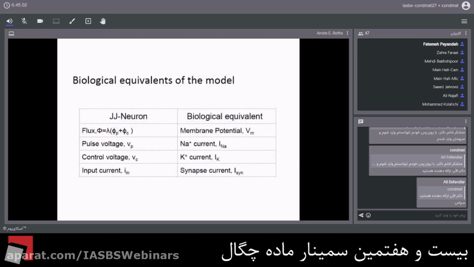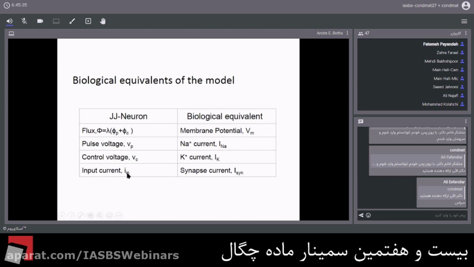Now, just to recap things again, the flux in the model corresponds to the membrane potential of the neuron, and the pulse voltages and the control voltages are basically equivalent to the sodium and potassium currents that would flow in and out of the cell.